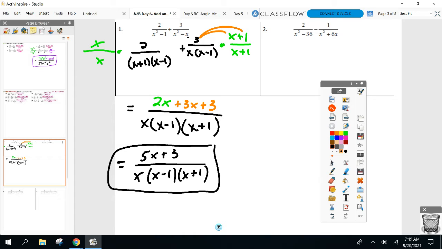Any questions? Number 2, can I factor? Do I have like denominators? I should check that first. Like denominators? Nope. Can you factor them, though? Yes. Go ahead. I'll give you a second. Factor them. Rewrite it.